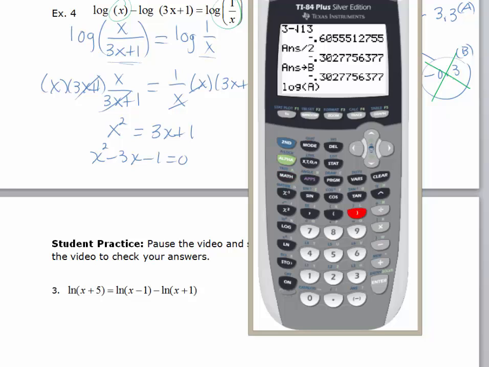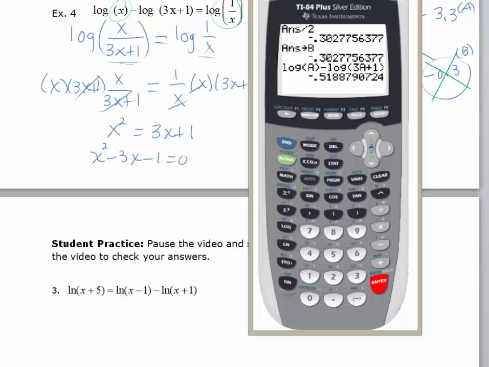So basically I'm typing one side of the equation in, and wherever I see an x I'm going to put that A. So minus the log of 3 alpha A plus 1. I'm going to close that and hit enter.